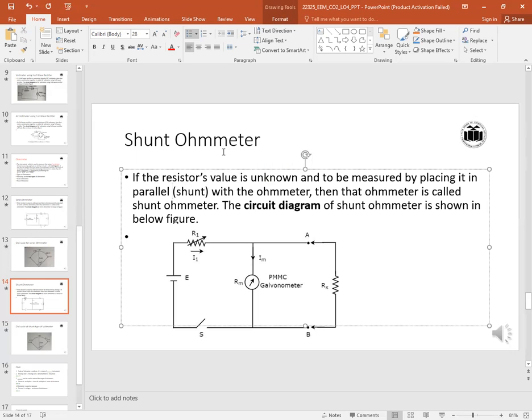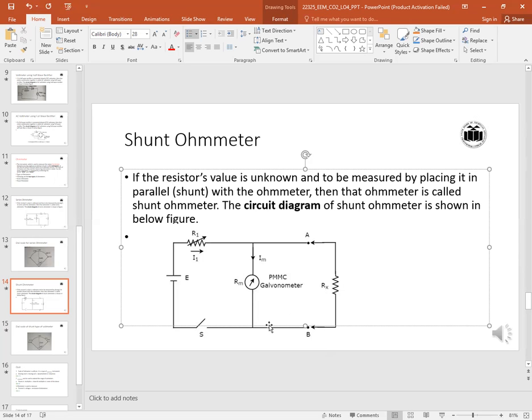So here also we can see Rx is connected in parallel, and we have to measure the value of our Rx. When the A and B terminals are shorted, then the resistance will be equal to 0.